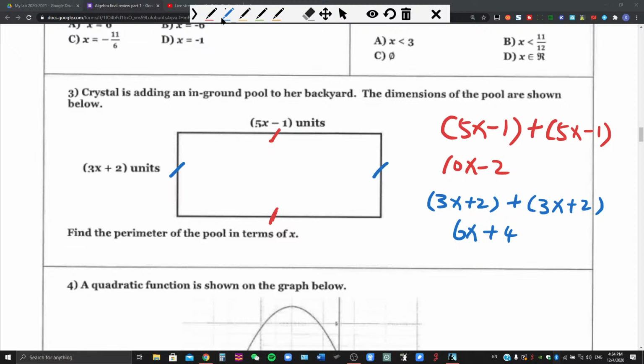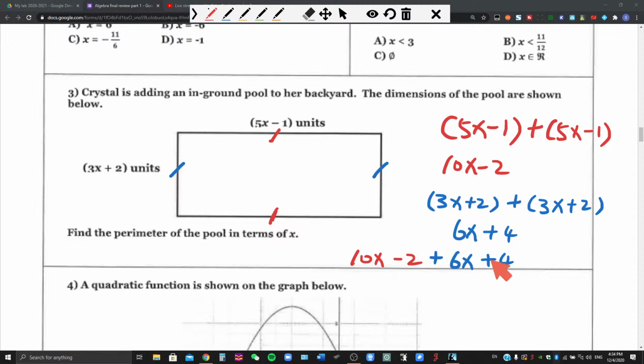And lastly, we just want to add the length and the width, all of them added up. 10x subtract 2 plus 6x plus 4. And that will be 16x. This is 10x plus 6x, 16x.